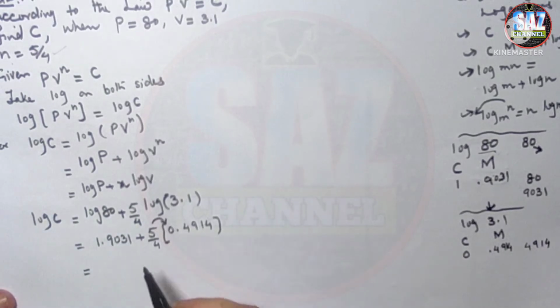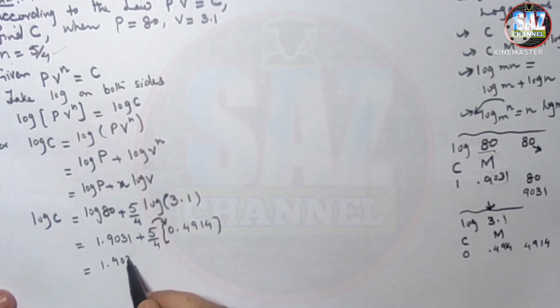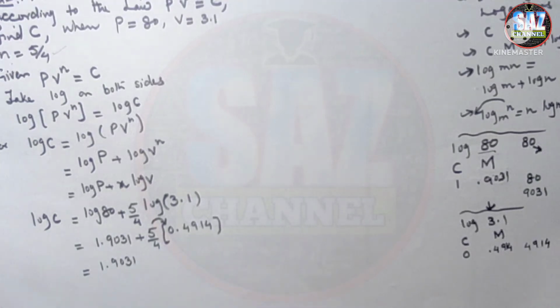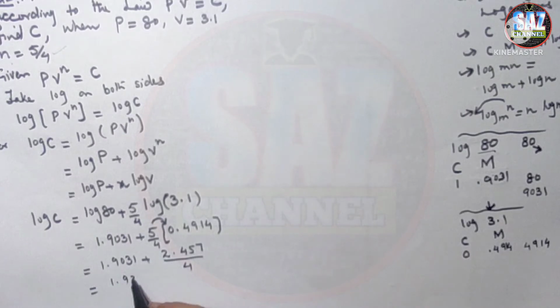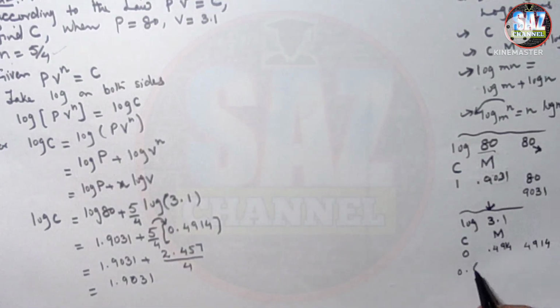The calculations which are really easy, you must show completely to the examiner. 5 multiplied by 0.4914 gives me 2.457 upon 4, and then 1.9031 divided by 4 gives 0.61425.